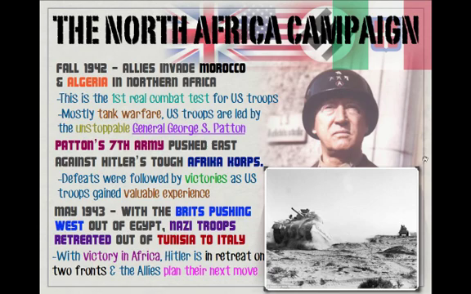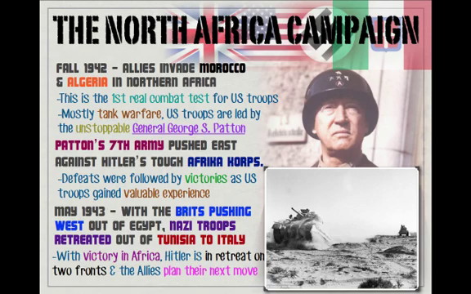The U.S. did not feel it would be a good idea to send them to fight directly against highly trained, highly skilled Nazi forces. The North African area was still controlled by German forces, but they weren't as strong. So they said that would be a good chance for the soldiers to gain battle experience before they went into mainland Europe. So in the fall of 1942, the Allies invaded Morocco and Algeria in northern Africa.